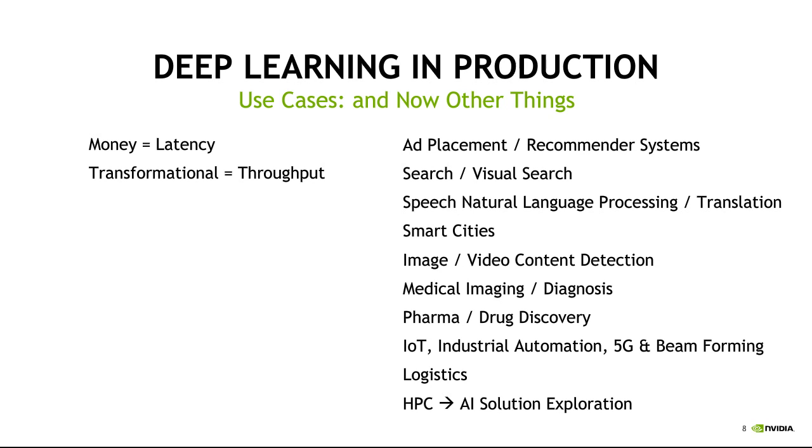Smart cities, use cases for managing cities and monitoring thousands to millions of cameras and sensors really requires AI and deep learning. Video image and video content detection, this is for live stream tagging of video. You can think of a Twitch service, for example. How do people know what they're looking for? Well, an AI has to interpret the video stream and tag it. Medical imaging and diagnosis is being revolutionized.